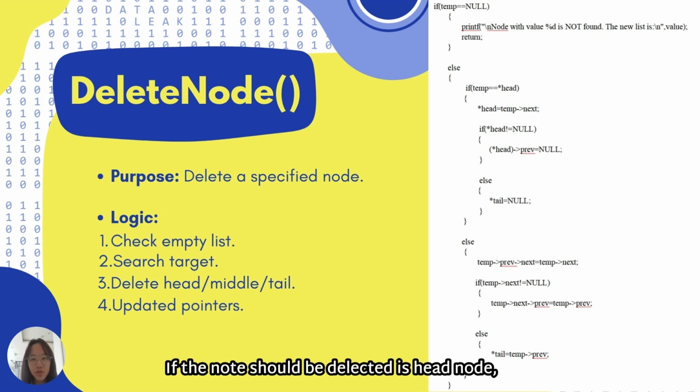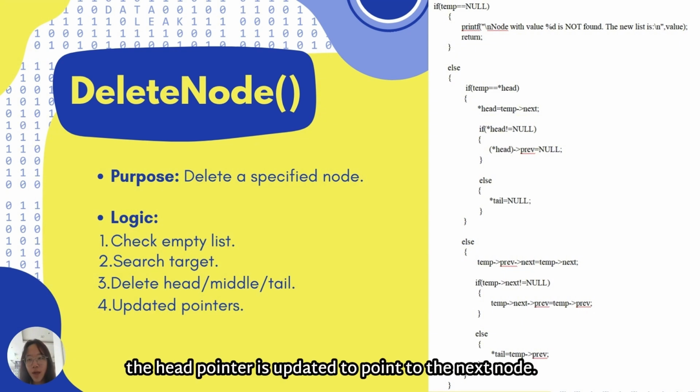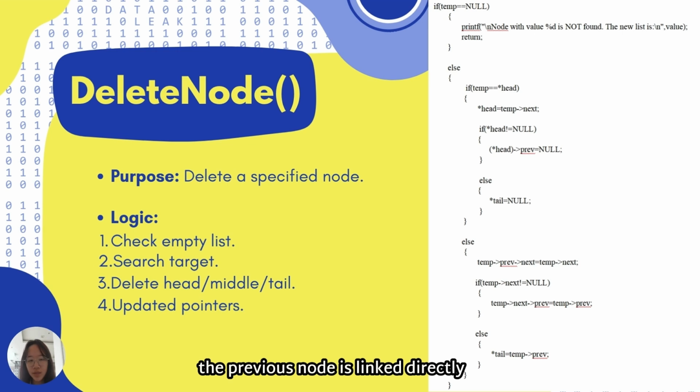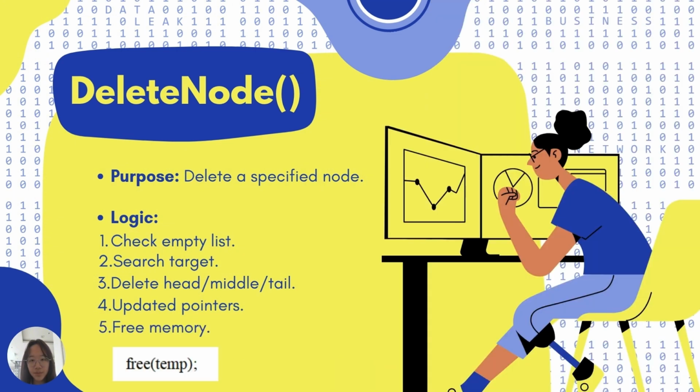If the node to be deleted is the head node, the head pointer is updated to point to the next node. If the deleted node is in the middle of the list, the previous node is linked directly to the next node. If the deleted node is the last node, the tail pointer is updated to the previous node.